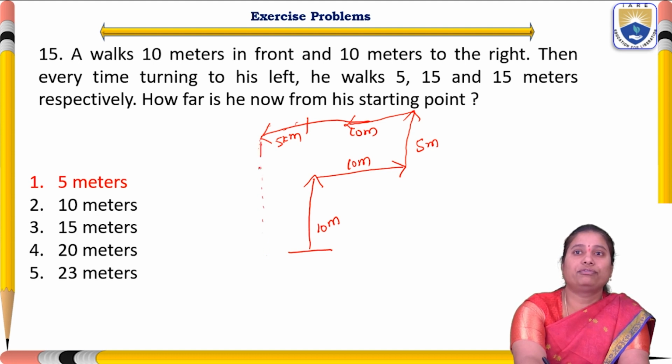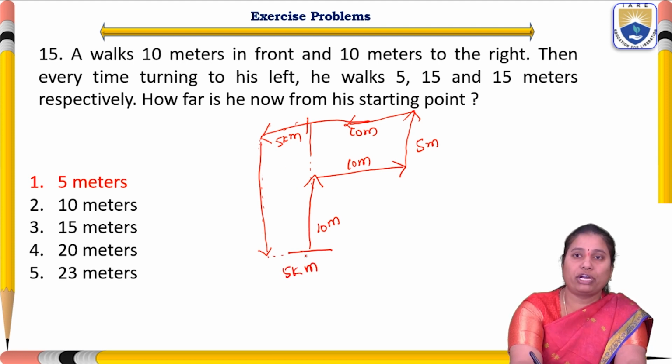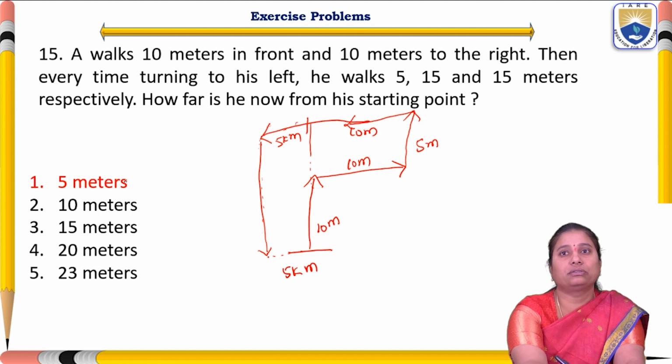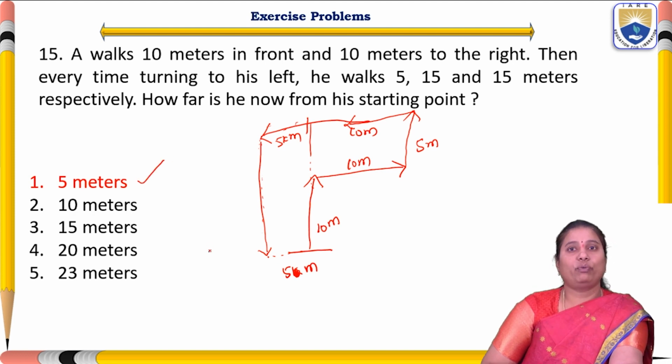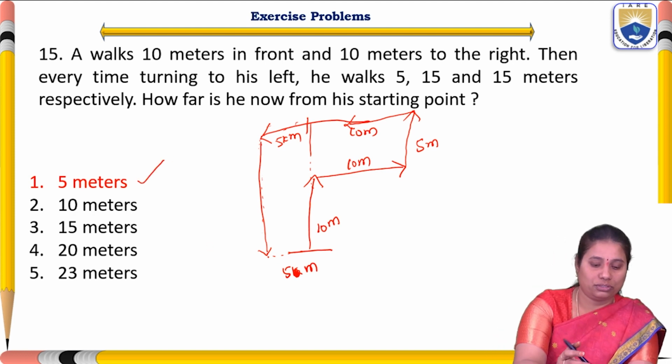So total 15. So if we take this straight away, parallel to this one it is 5 meters. It is not kilometers, it is 5 meters. This is the way to answer this kind of questions.